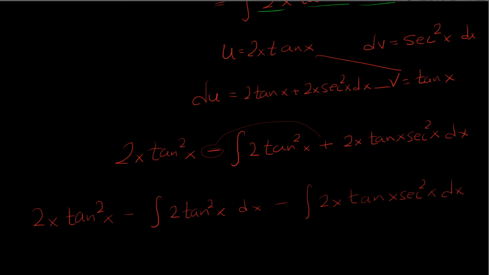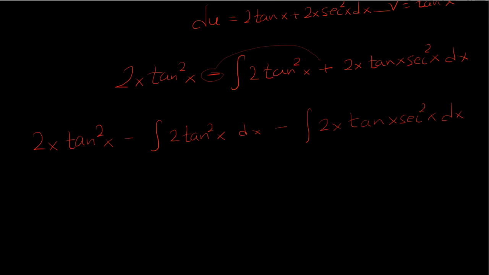And we should keep in mind that this is equivalent to the original problem, which we said was integral 2x tangent x secant squared. So that was after we did some trig substitution, or trig identities. So now this is the same thing.